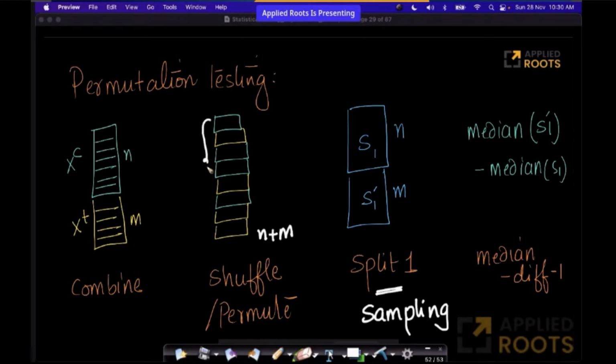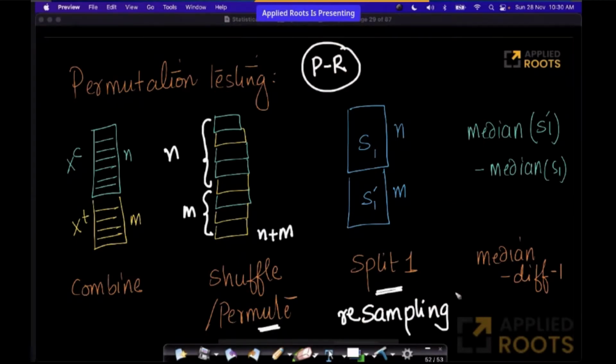We take the first n elements and create a set called S1. Take the next m elements after shuffling or permuting or rearranging. This is called S1 dash. This is often referred to as resampling. That's why this test is called the permutation resampling test.